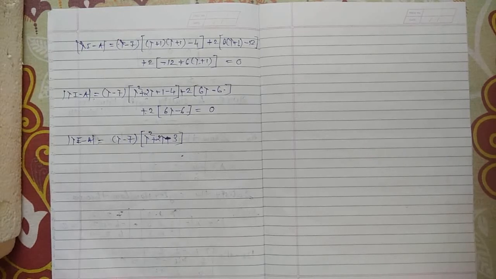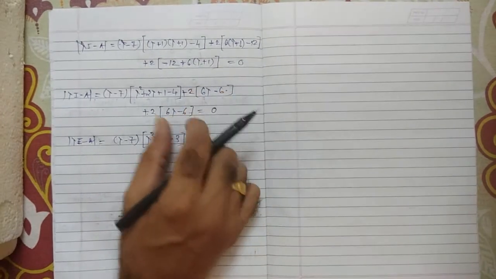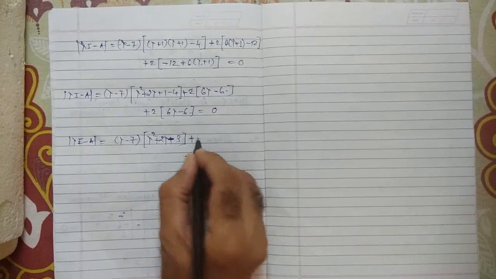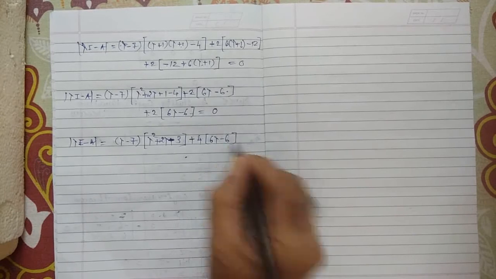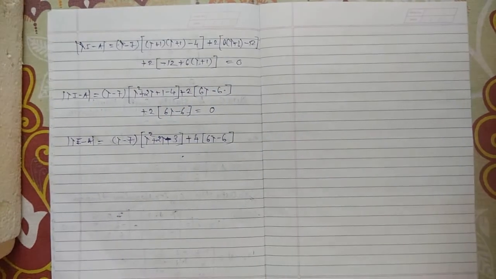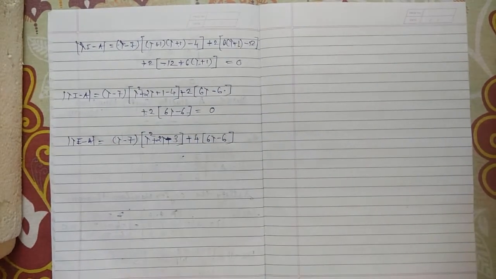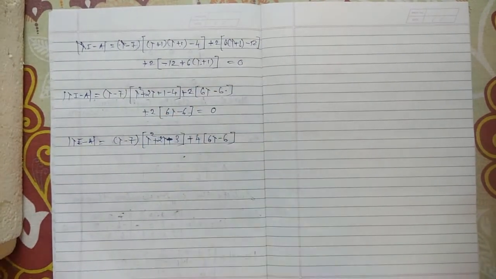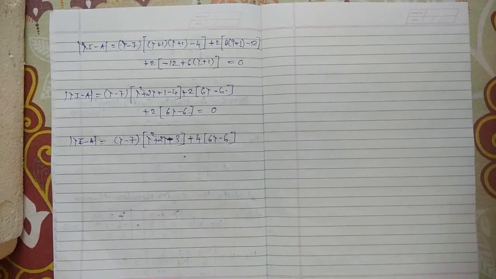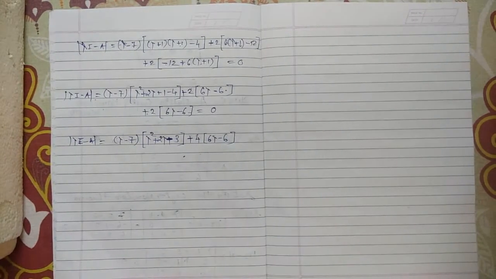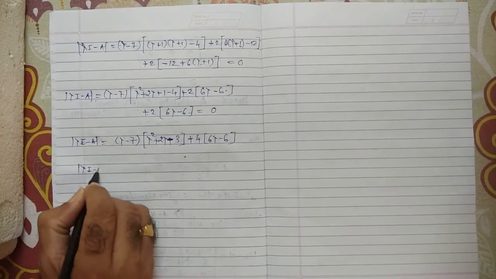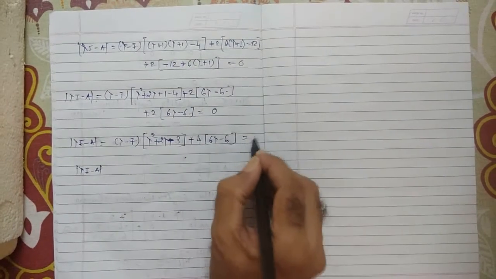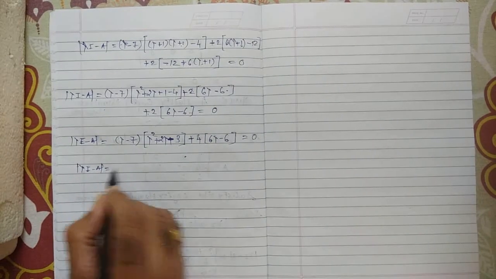And these two terms are the same, so we can write plus 4 multiplied by 6 lambda minus 6, since 2 plus 2 becomes 4. Now we will expand this one, lambda I minus A equal to 0.